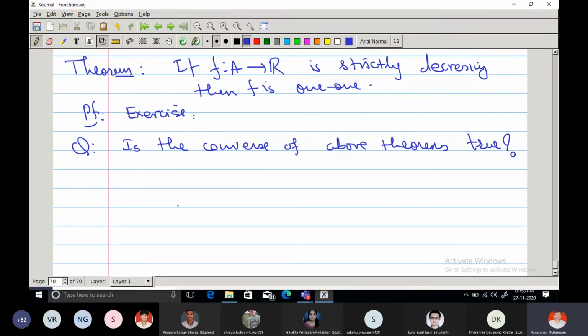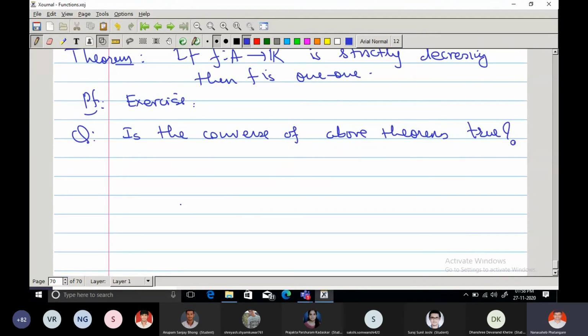Now, if it is 1-1, is it strictly increasing or strictly decreasing?